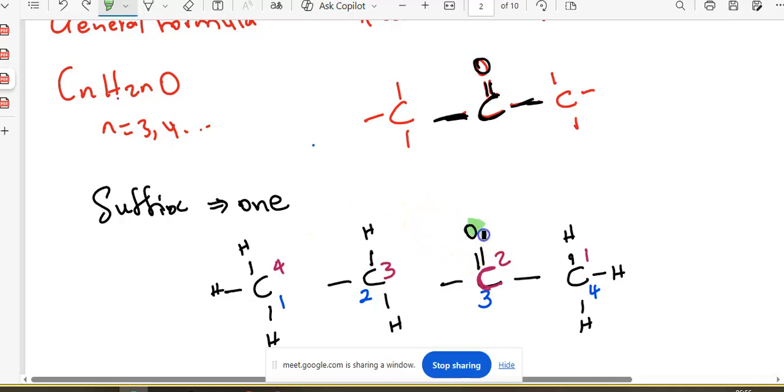Which naming is correct? From left to right or from right to left? This is the functional group. We need to give it the lowest number possible. If I start naming from one side, the blue part, we get carbon number 3. But if we start naming from the other side, we give it carbon number 2. So between the purple and the blue one, which one is the correct naming for finding the longest chain?